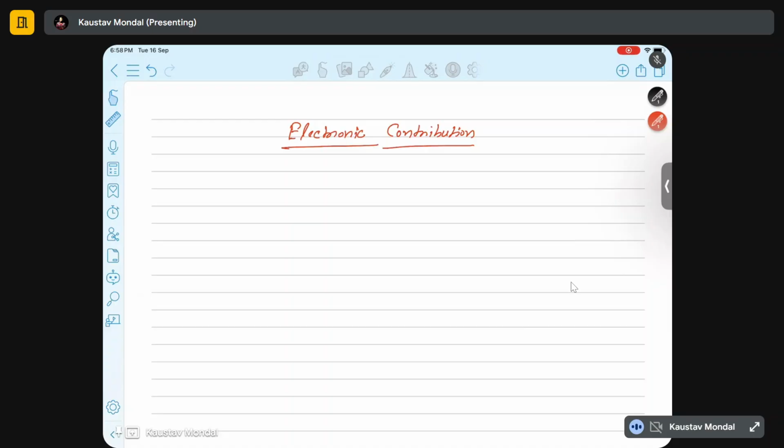Most of the cases, because the difference between the energy levels is too much in the case of electronic energy levels. Okay, so let me write it.